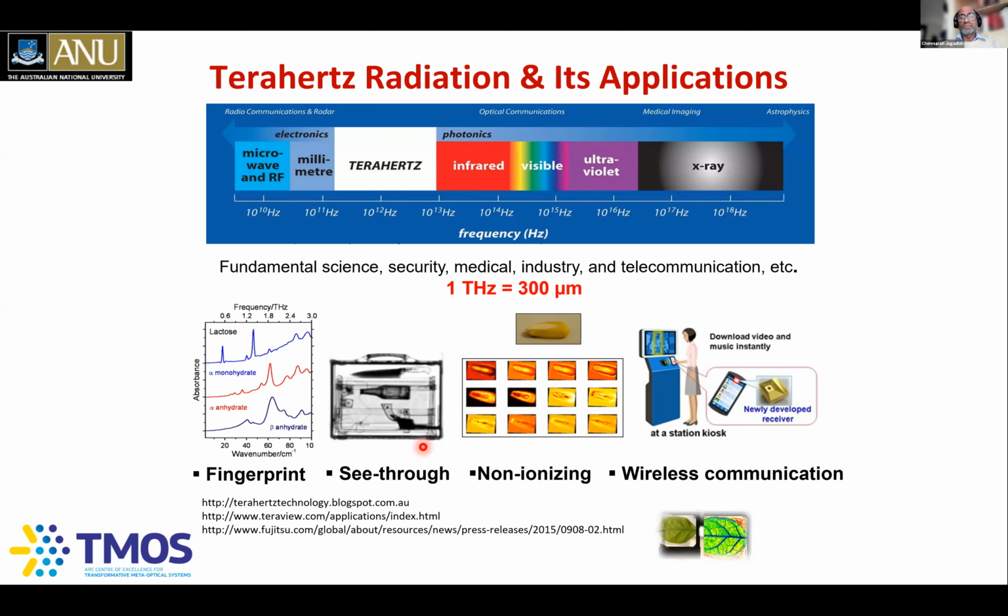These can also be used for biomedical imaging applications such as looking at cavities in teeth, and for wireless communications where you can download lots of information from a kiosk onto a smart device. Also for detecting the water content in leaves, so that you water the crops only when needed rather than wasting precious resources like water.